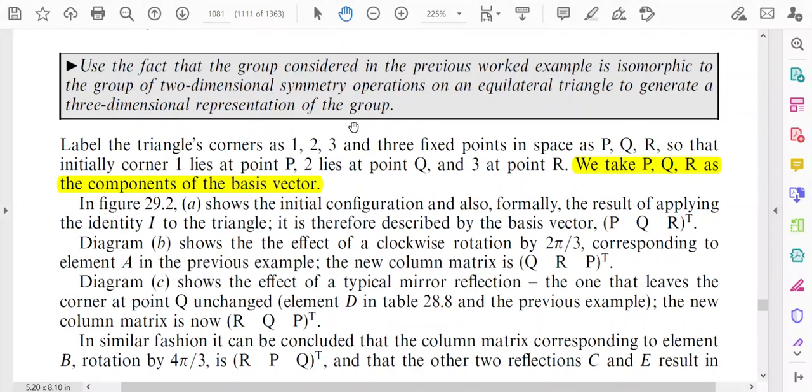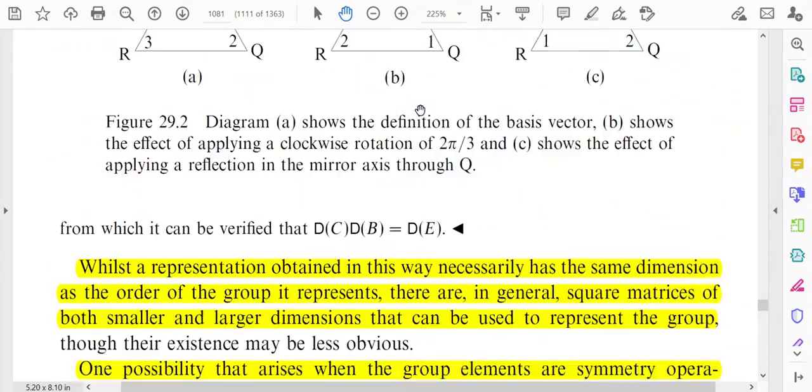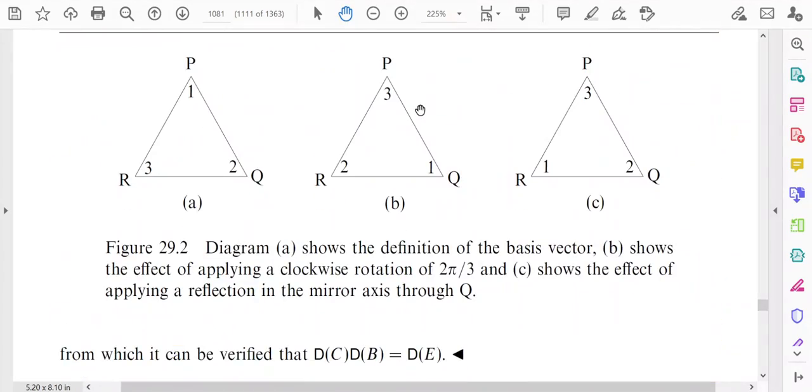So our aim is to generate a three-dimensional representation of the group for the two-dimensional symmetry operations on an equilateral triangle. These operations were already discussed in some of my earlier lectures, but for the sake of concept I am repeating some of them.